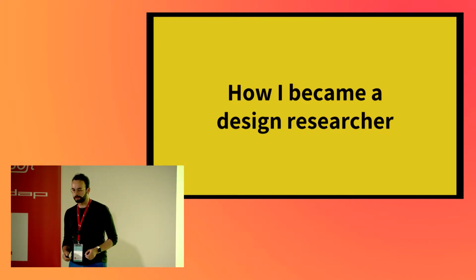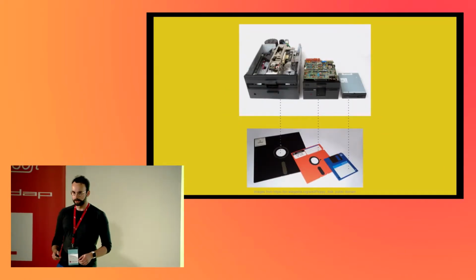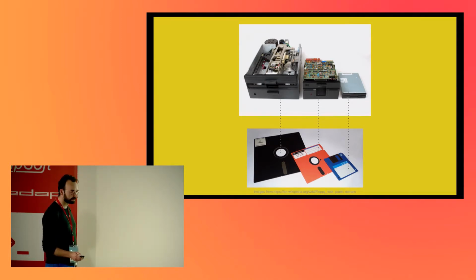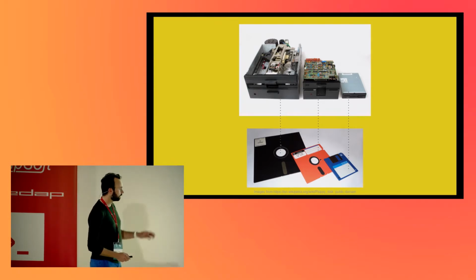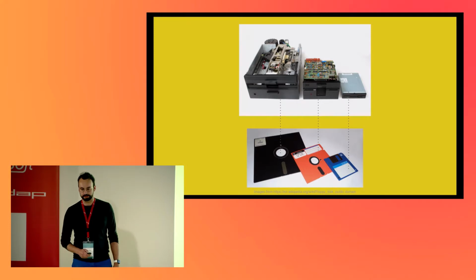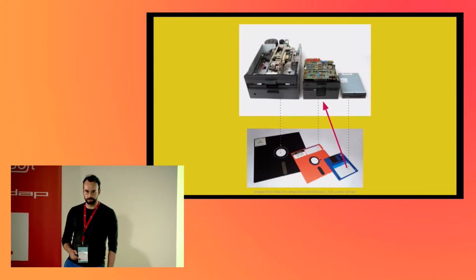About 20 years ago, when I started using computers, we had a very old German computer at my home. And back then, the main way of portable storage was these big floppy disks. You may have used them yourself. And they come in different sizes. And of course, I managed to make the wrong combination.